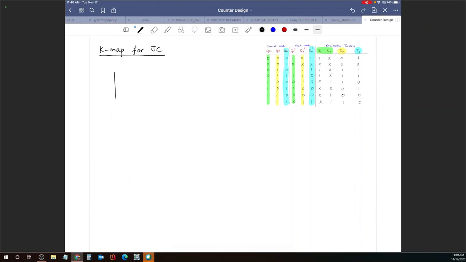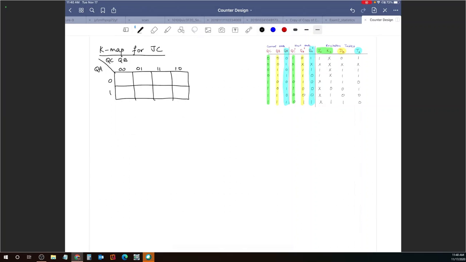I've got a 3-variable K-map. This is going to be QC, QB, QA. So QC, QB, and QA. 0, 0, 0, 1, 1, 1, 1, 0, and 0 and 1.